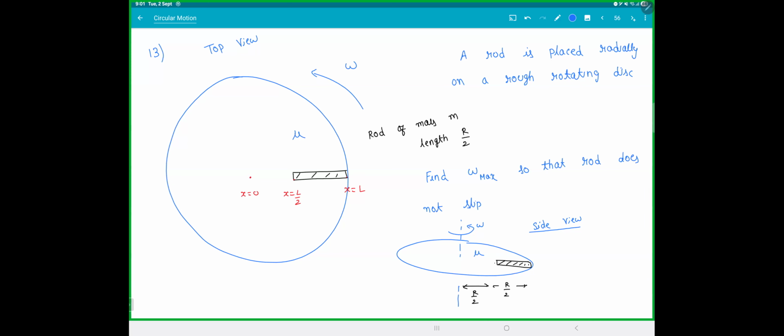No. You have to integrate here, because every segment will have a different centrifugal force.